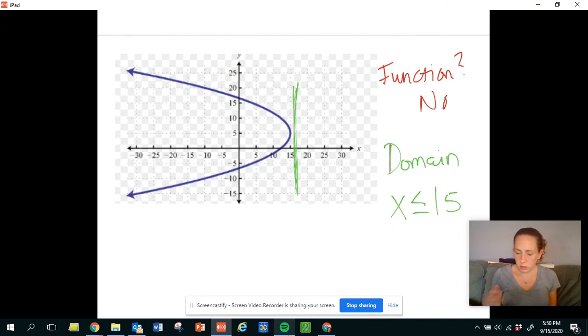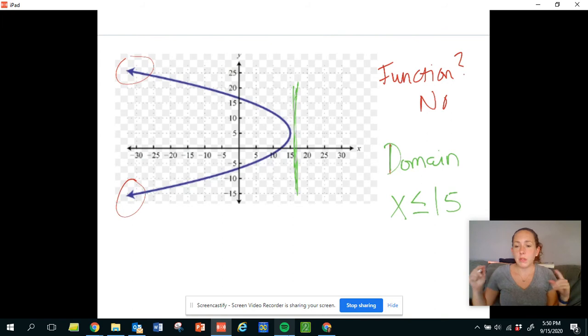For my range, if you'll notice, it is going forever in both directions. So what's actually happening is it's going off into infinity. Infinity is not a number, it's a concept. It means forever, never ending. So it's going up and down forever. It will never stop.